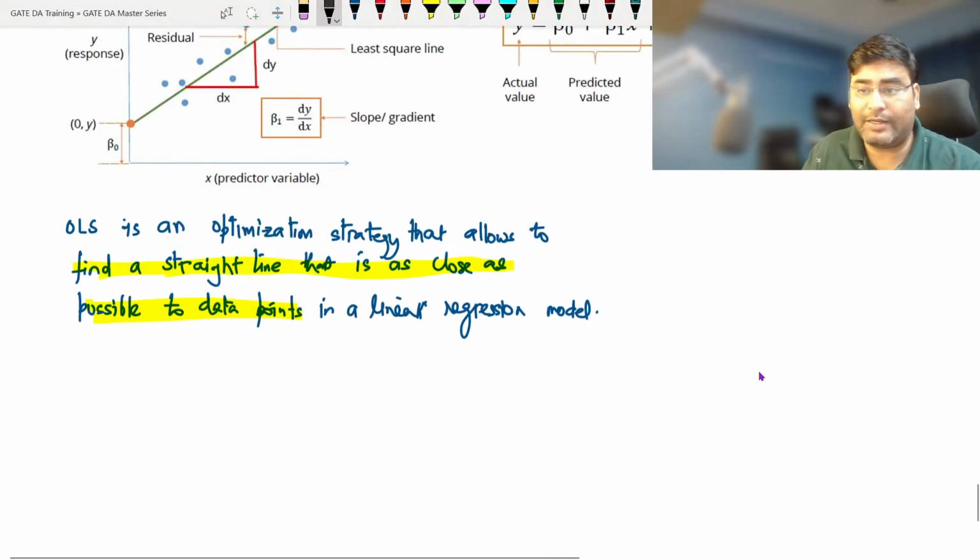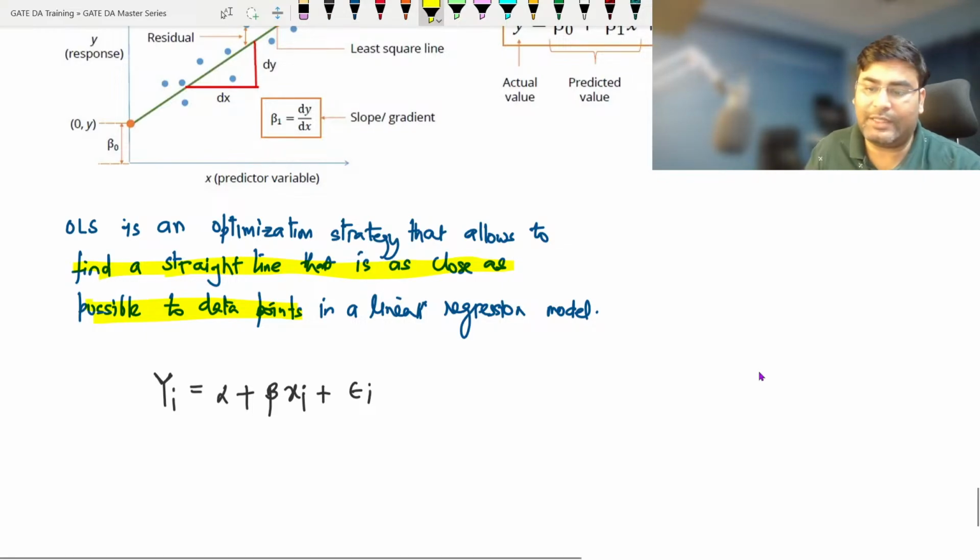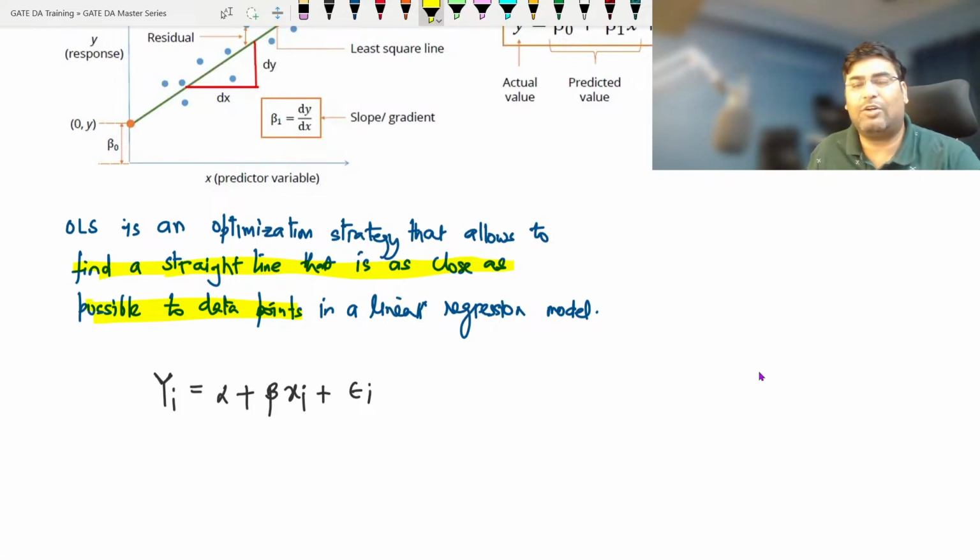So I'll start with my formulation. I'll say yi, please pay attention, guys. I'll go slow. Alpha plus beta xi plus ei. You might have seen me using beta naught here. So see, guys, there's not much difference. Sometimes I say alpha beta, sometimes I say beta naught beta 1. Other authors in different textbooks or literature will say beta beta naught, alpha beta, a and b.